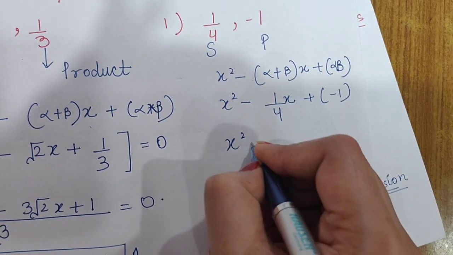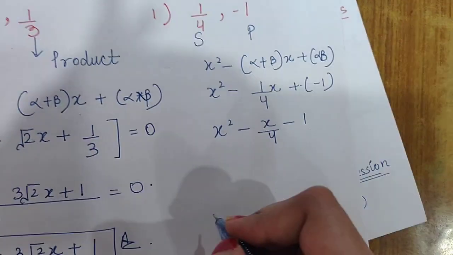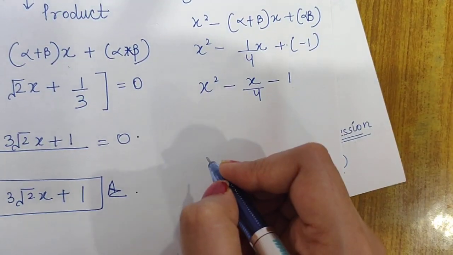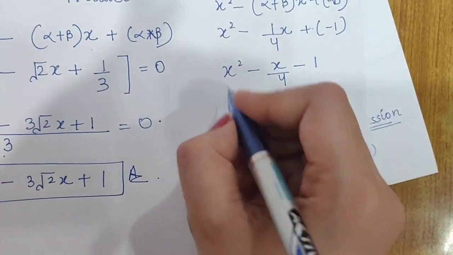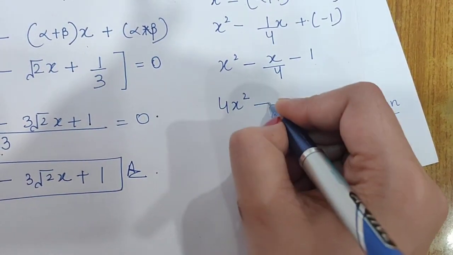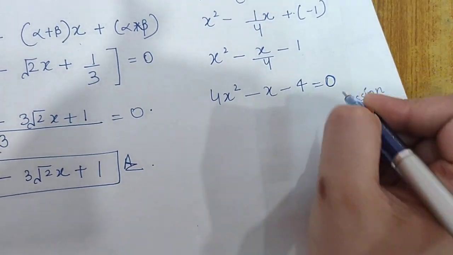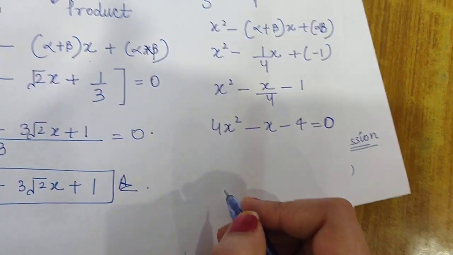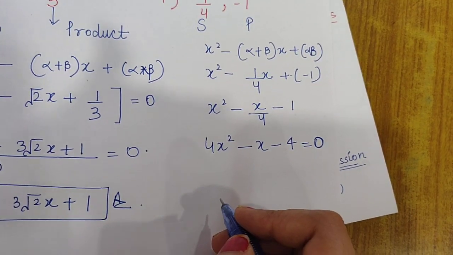So x square minus x upon 4 plus minus 1. Again we should convert. It's not mandatory but we should. So 4x square minus x minus 4 equal to 0. Clear? So this is the quadratic polynomial 4x square minus x minus 4 equal to 0.